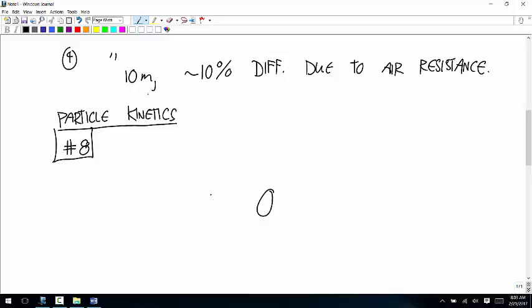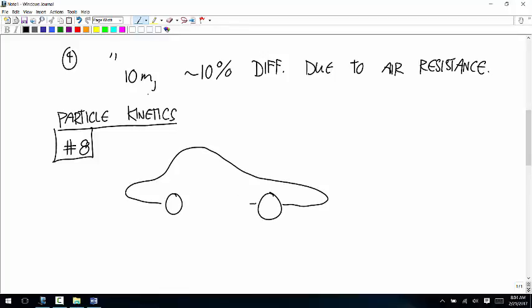Okay, so a car is going this way. So let's say this is the positive direction. Usually this would be the positive x direction.